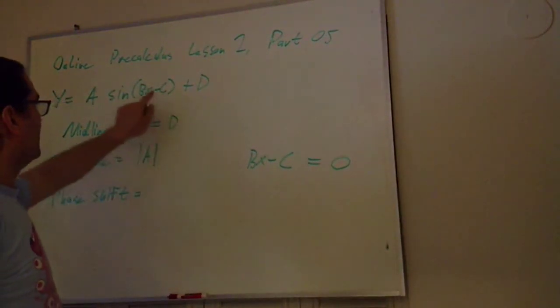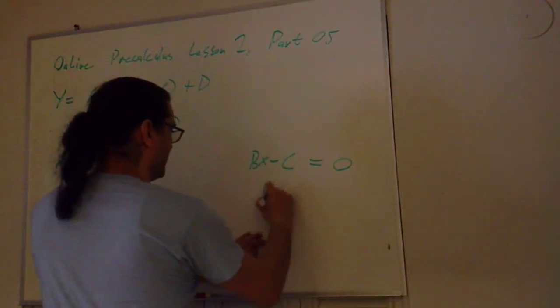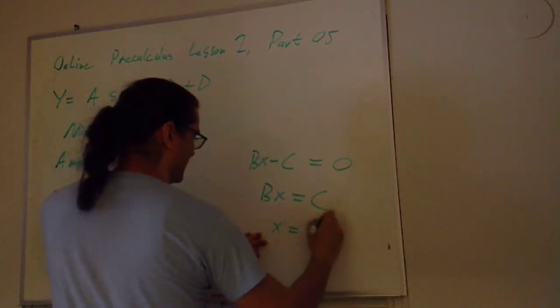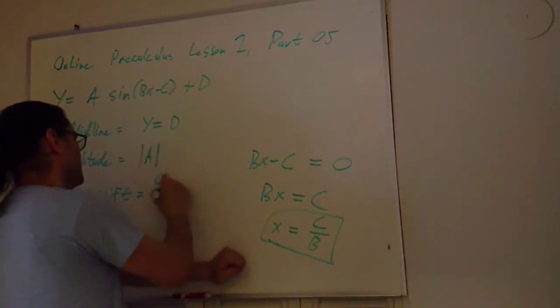So if you set the inside stuff equal to 0 and then start solving, in this case you'll get bx equals c after you add that to both sides, and then x equals c over b. So the phase shift is going to be c over b.